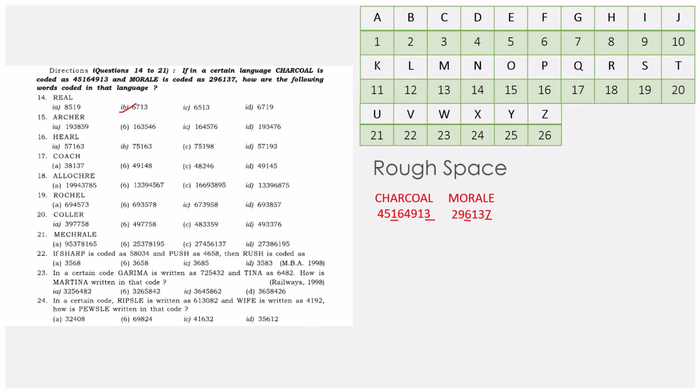And the next thing, Archer, 1 in the start. Okay, we'll go by the option elimination method. Option D won't come. Option A also won't come, because R is for 6.